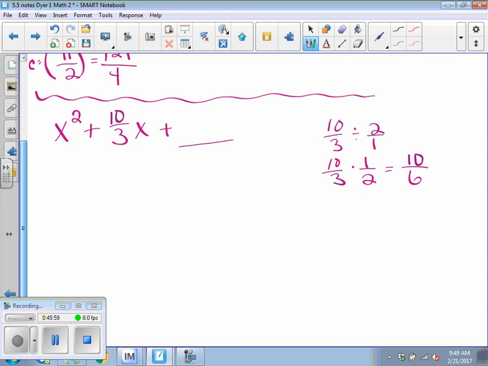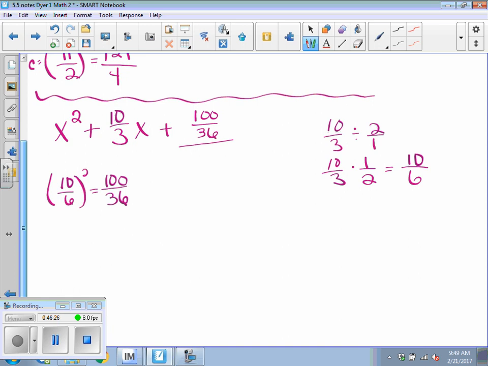Anytime you take a fraction and divide it by 2, all you have to do is double the denominator. And that cuts that fraction in half. Okay? So, 10 over 3 divided by 2 is 10 over 6. And then you square it, and that's 100 over 36.